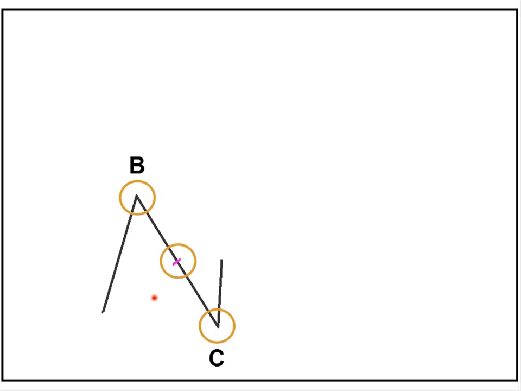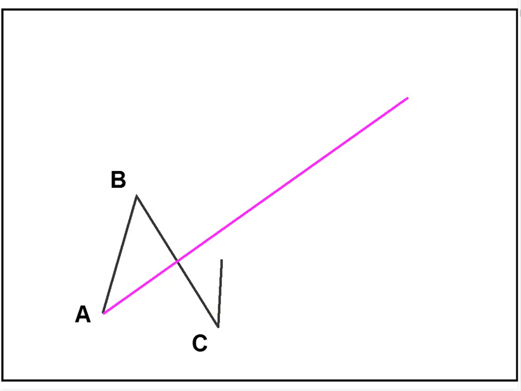This would be A. I'm going to connect it to the center of this BC swing, draw a line from A to the center and project it out into space and time. Let's see what that looks like.